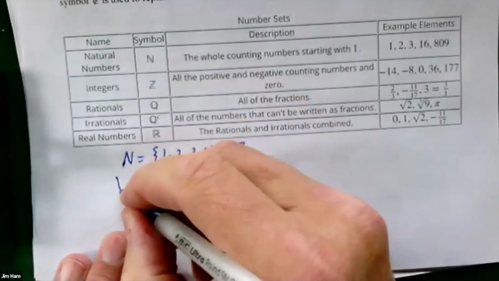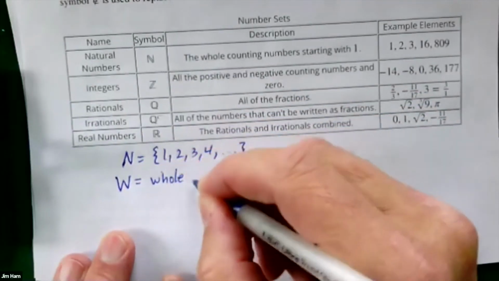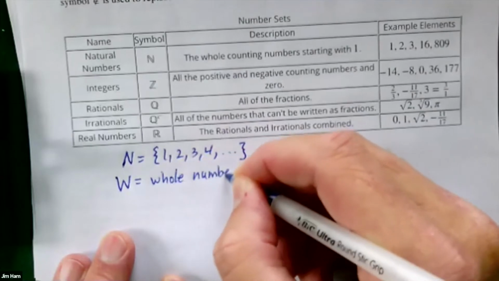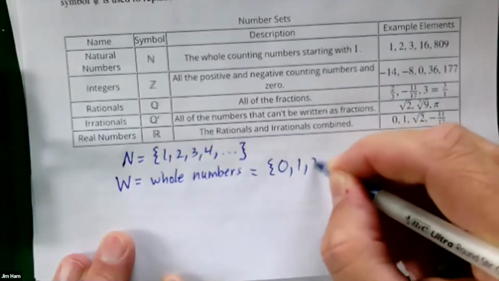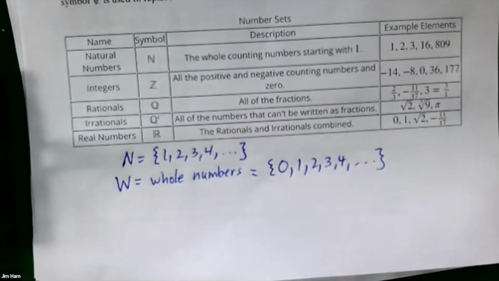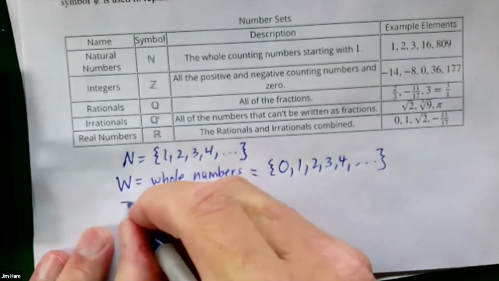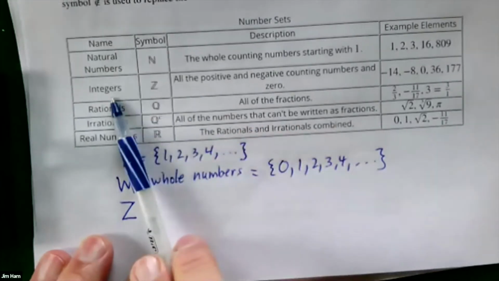One that's not there is W, and I'll write the name. This would be the whole numbers. The whole numbers include all of the natural numbers, plus the 0. So if they use the whole numbers at all, it's the natural numbers plus the 0. That's one that doesn't appear in this grid. The Z, that's the set of integers.